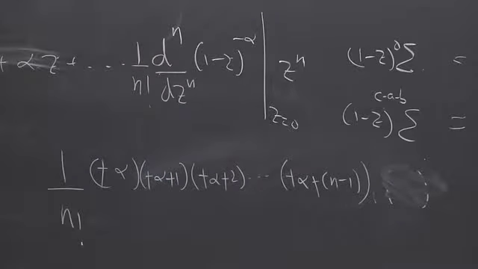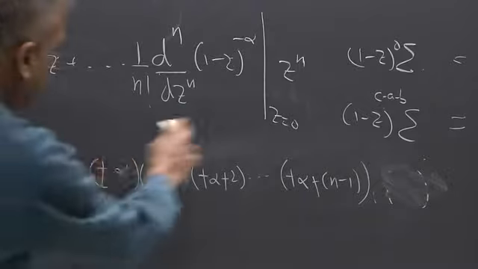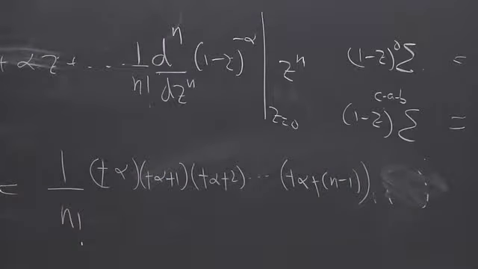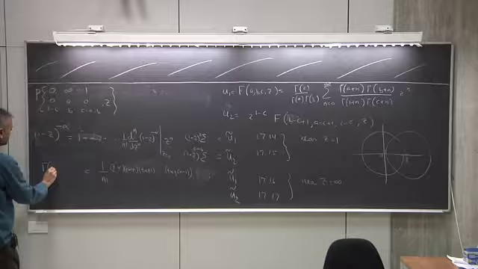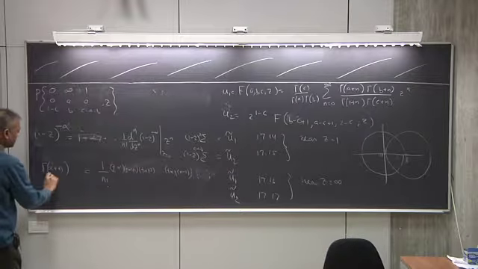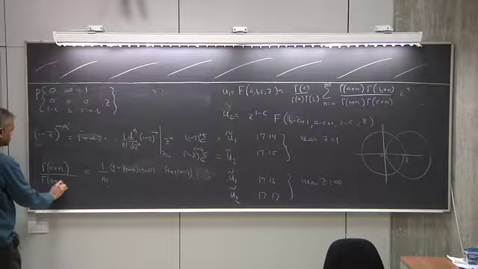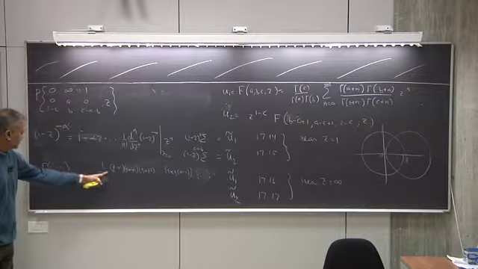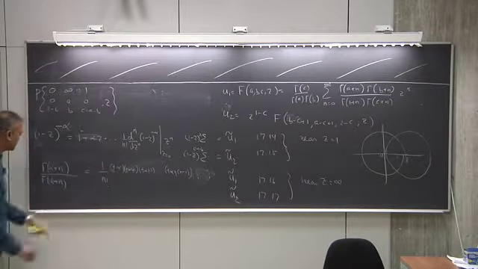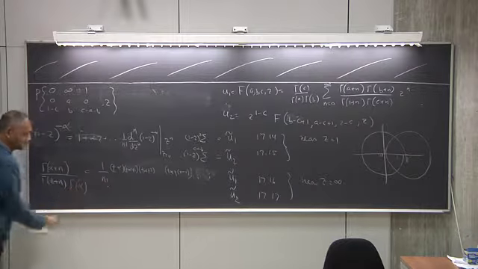That is the expansion. But this expression I can write as gamma of alpha plus n divided by gamma of 1 plus n, and then divided by gamma of alpha.